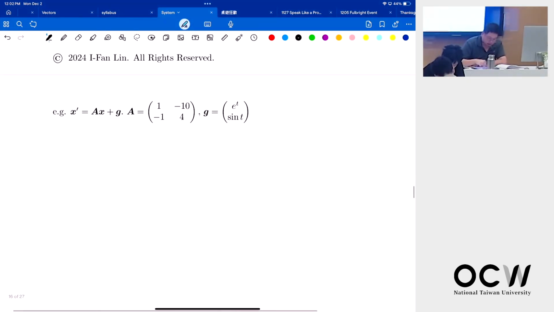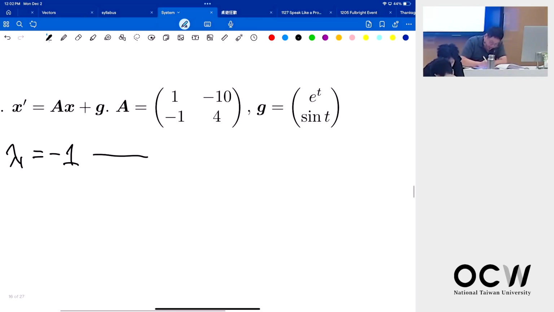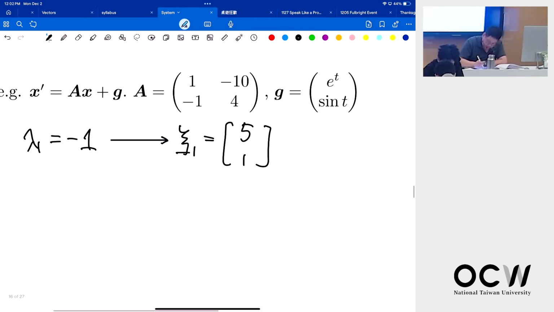Again, we need to find the eigenvalues and eigenvectors. So the first eigenvalue is -1. The associated eigenvector is 5, 1. The second eigenvalue is 6.